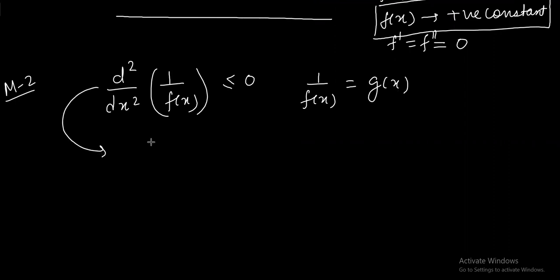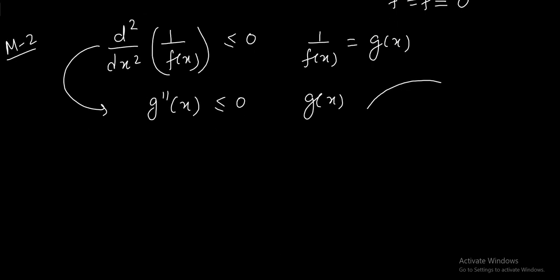Then this inequality can be written as g double dash of x less than or equal to 0, which indicates that g of x has a concavity downwards. Now concavity downwards means you can say that g dash is going to be decreasing.